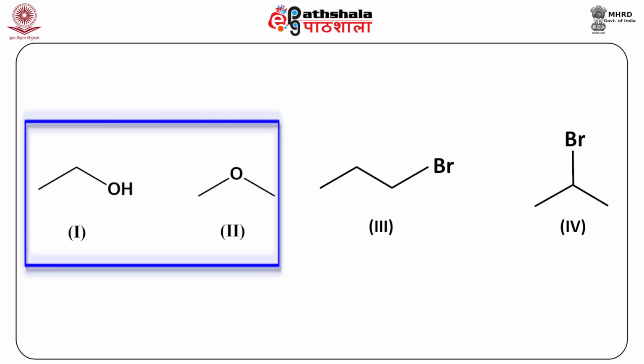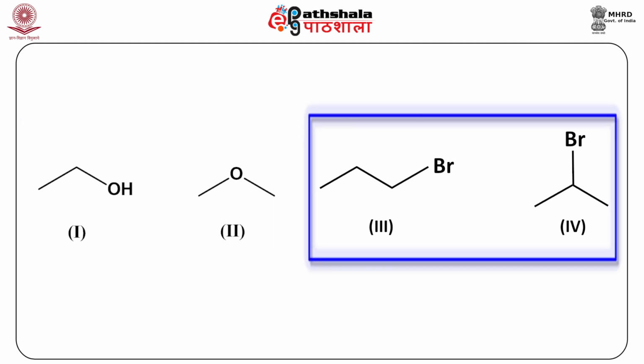In ethanol, there are 3 types of protons and hence 3 signals will be observed in the proton NMR spectrum, whereas in dimethyl ether all the 6 protons are equivalent and hence only 1 signal will be observed. Now you can see how in 2 structural isomers different types of signals and different numbers of signals are observed.